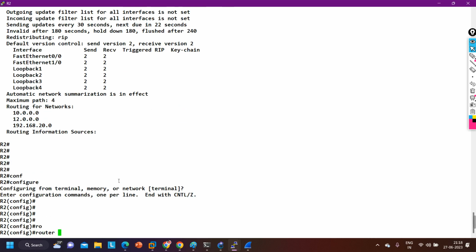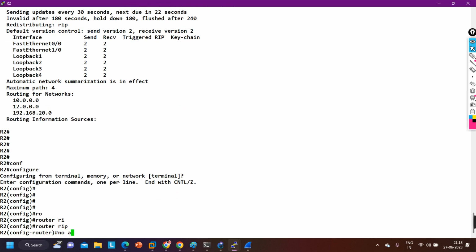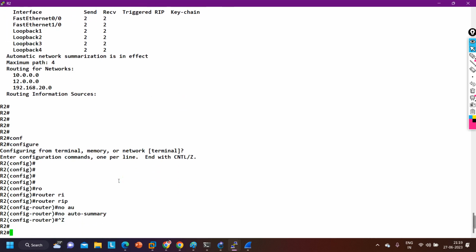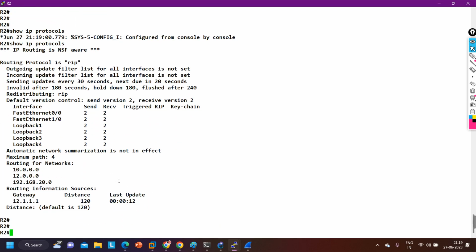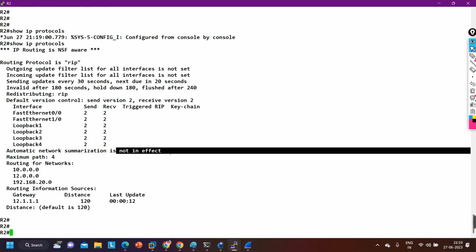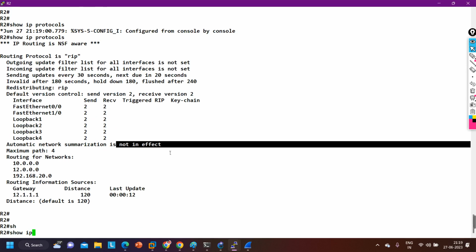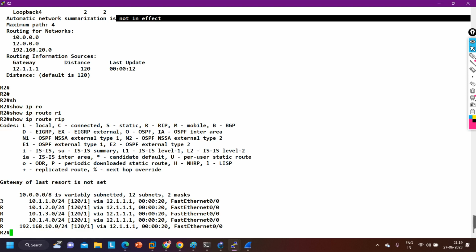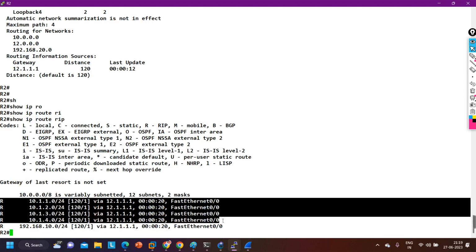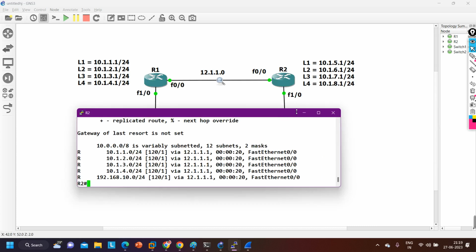Router RIP and no auto-summary. Now it is not in effect, and show ip route rip. Now you can see this router is receiving all individual prefixes. Yes or no? Yes, yes.